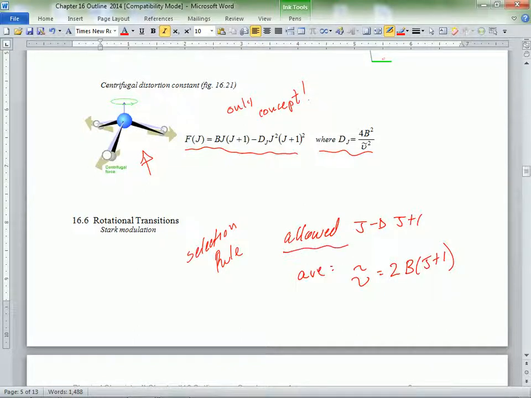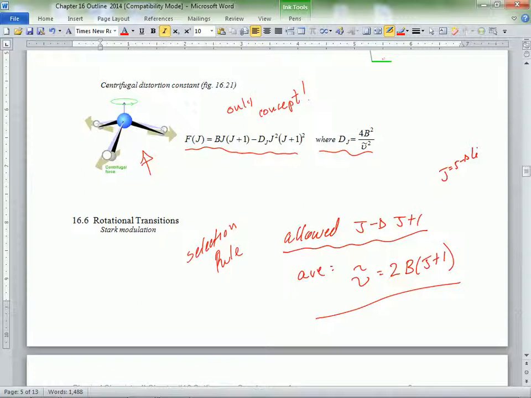Oh, hold it. Sorry. This is set up for J going to J plus 1. So if you're going from J equals 5 to J equals 6, look at the expression. They're allowing you to skip all the math. You just have to use it.